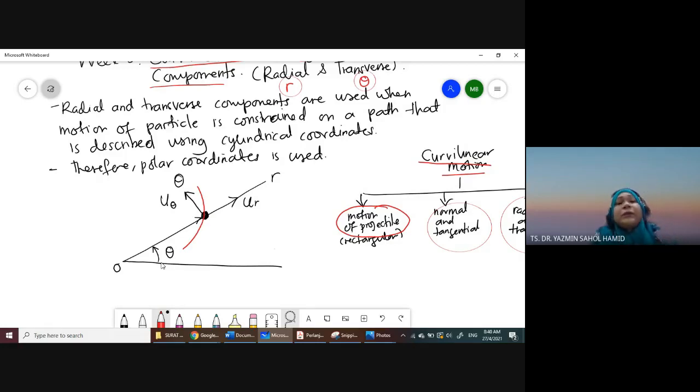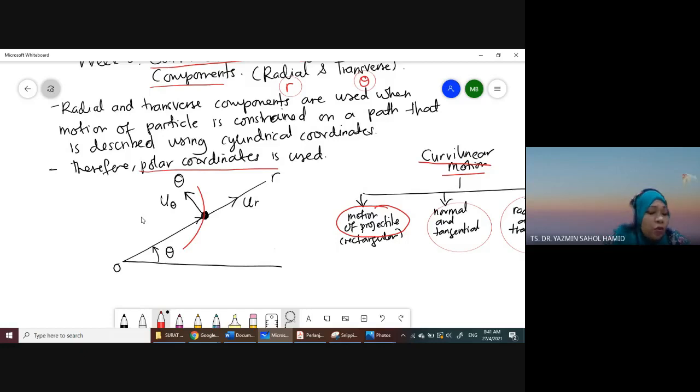Now, when we talk about radial and transverse, these are the components used for the motion of a particle that is constrained on a path, described using cylindrical coordinates. So when we talk about cylindrical coordinates, polar coordinates are used. The polar coordinates that I am referring to are radial r and transverse theta.